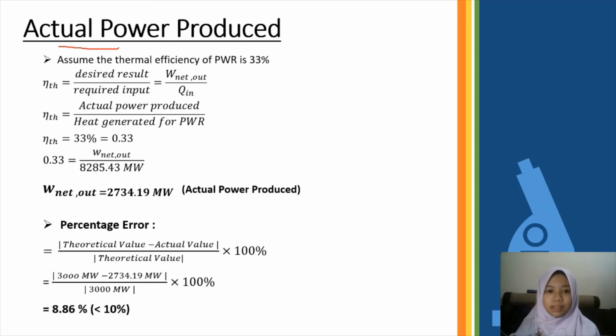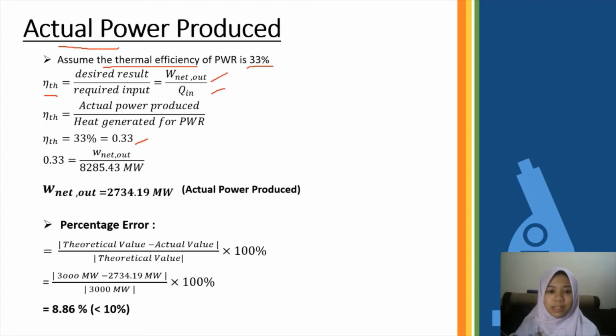Lastly, we have to calculate the actual power produced for the pressurized water reactor. To calculate the actual power, we have to assume the thermal efficiency of the PWR, which is 33% and equal to 0.33. To get the work net out, which is the actual power produced, we can use the formula of thermal efficiency, which is equal to work net out over Qin.